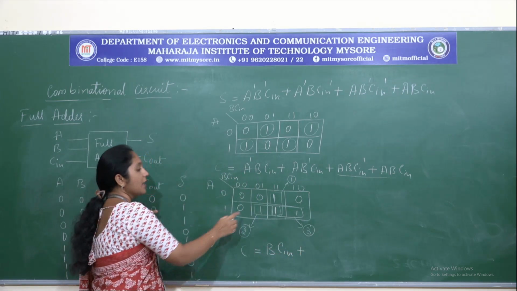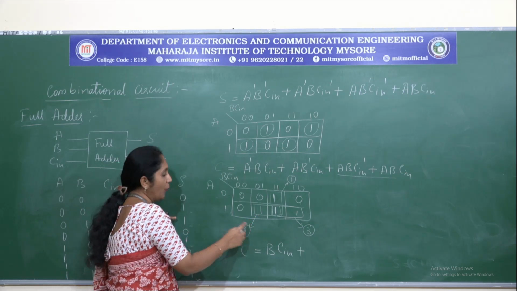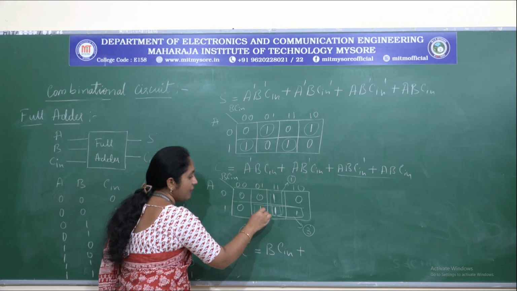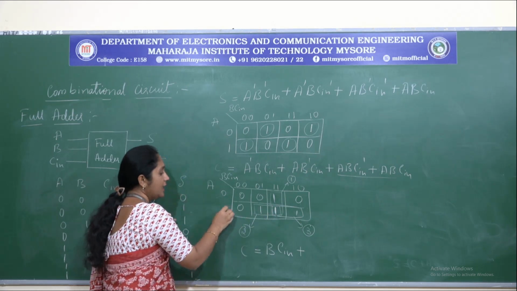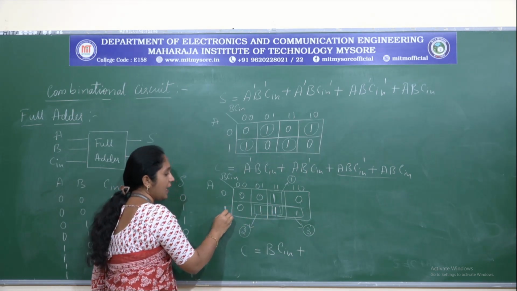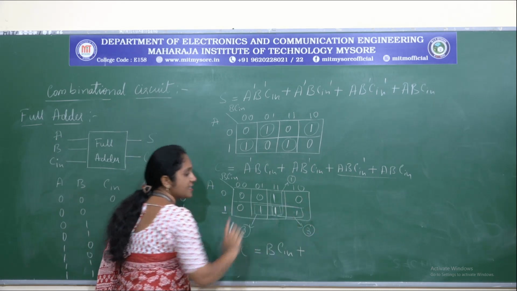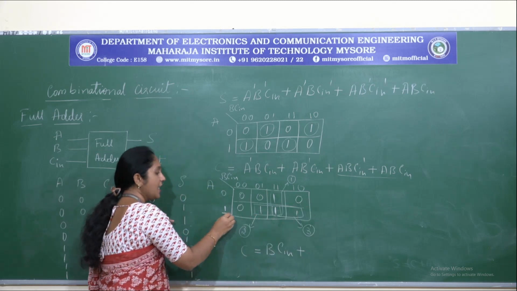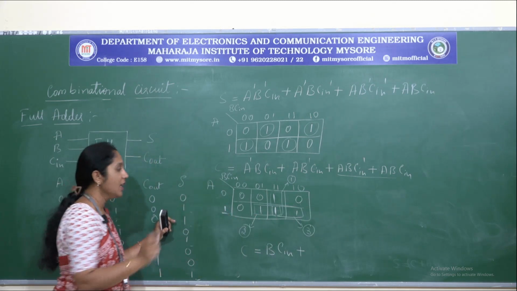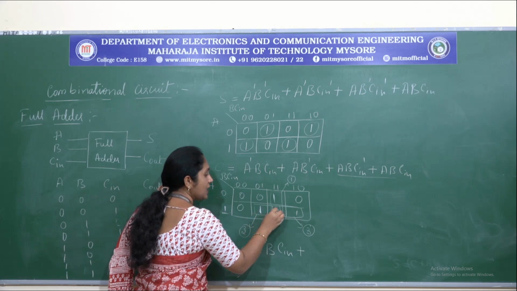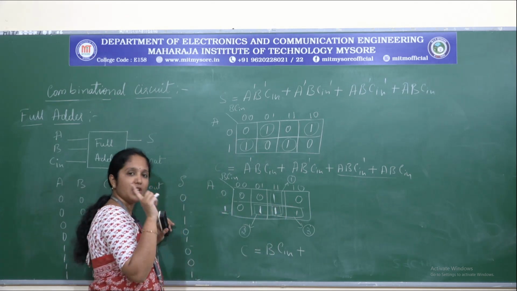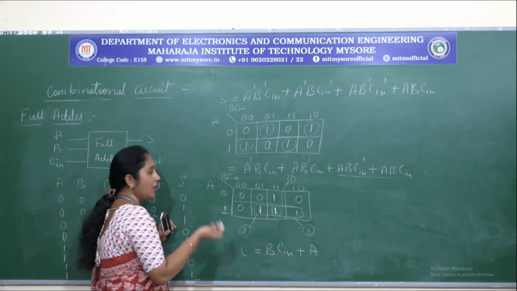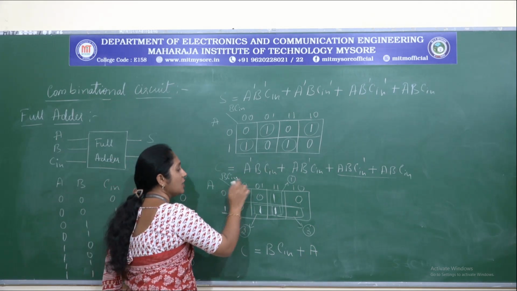Next, let us consider the second grouping. Observe carefully: here we have logic 1, and the variable A is common for all the cells. A is not changing, it is fixed. Therefore A is one of the common variables. Now let us move to the other side.